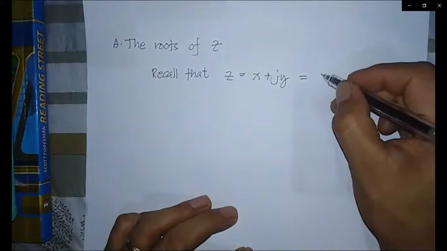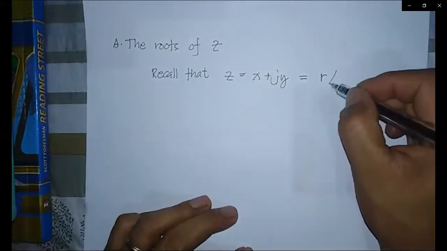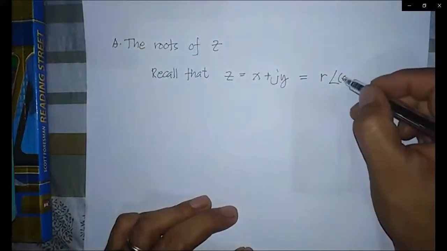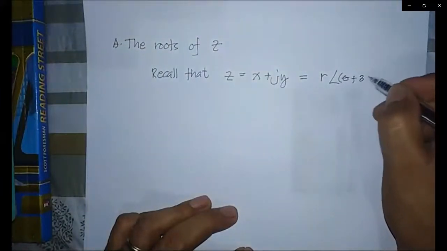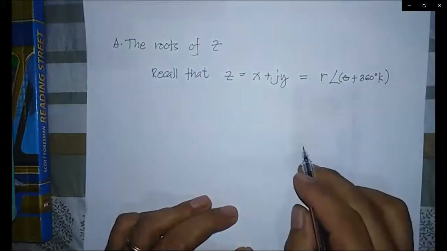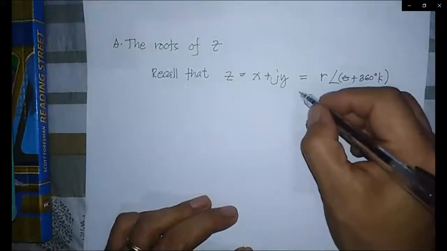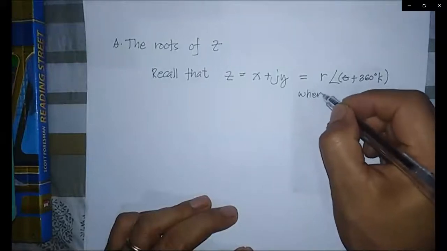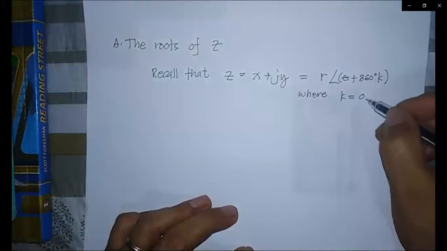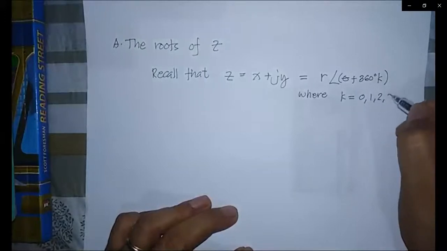Take note, this is in general polar form: R angle of theta plus 360 degrees multiplied by k. Take note, the value of k can be equal to 0, 1, 2, and so on.